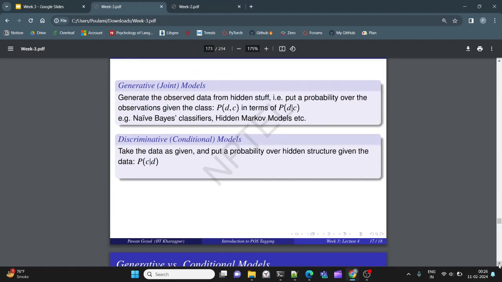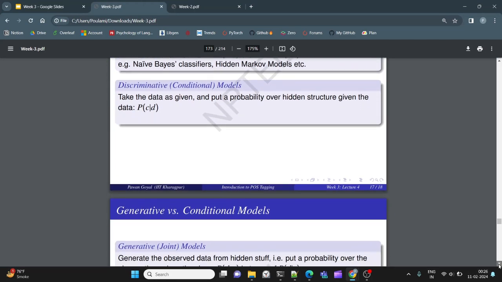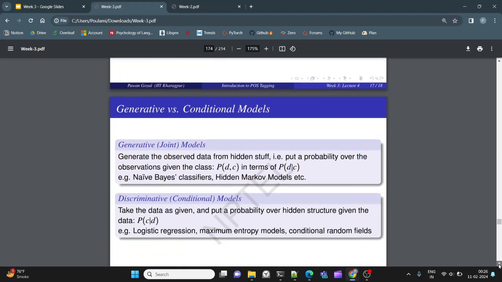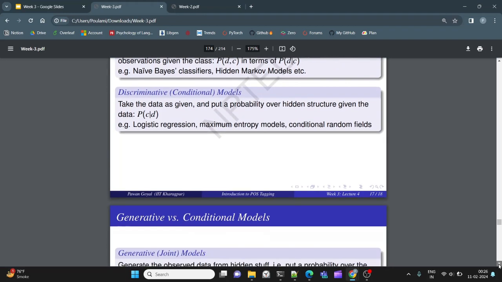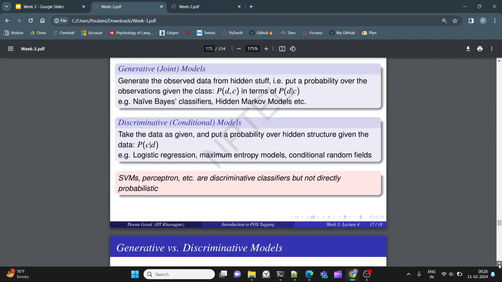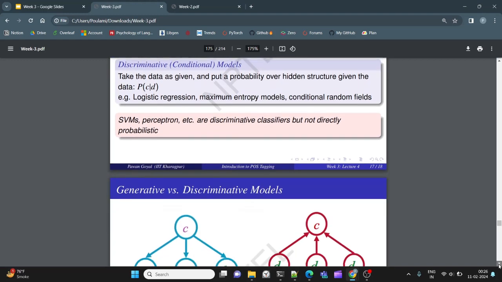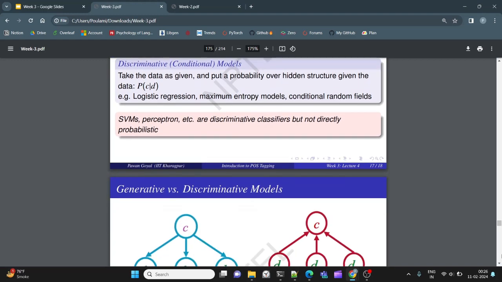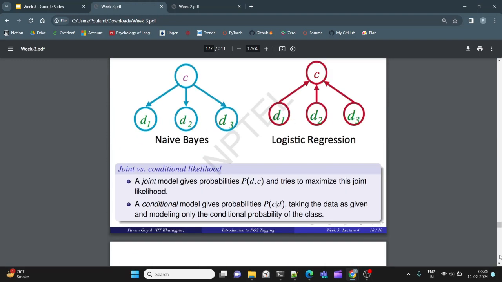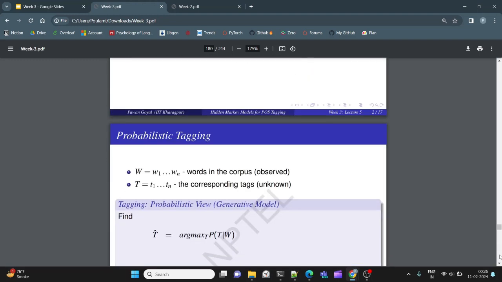Here we have generative and conditional models. We discussed generative and discriminative models.